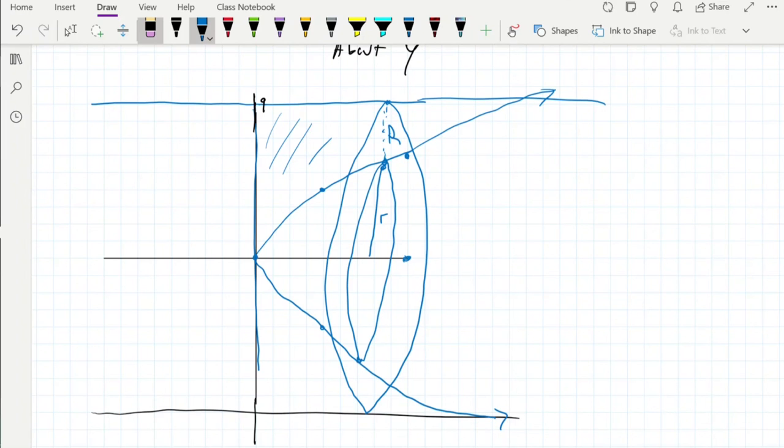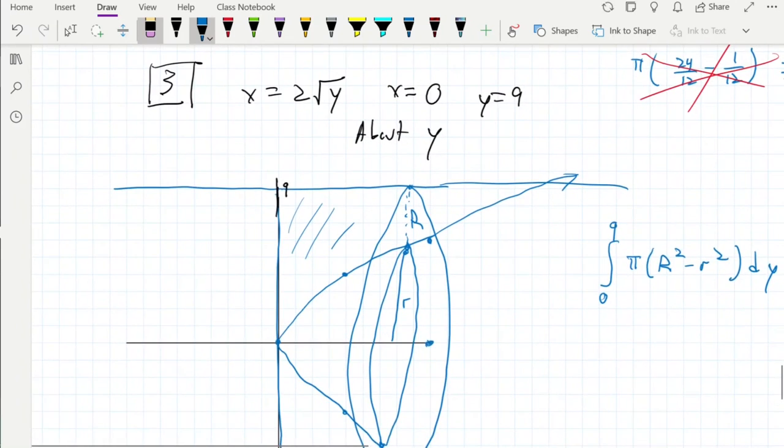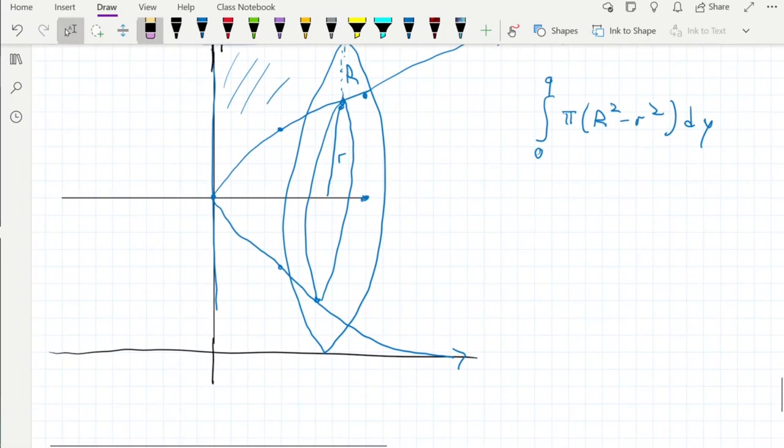So for this, in order to solve this, we're going to have to take the integral from 0 to 9 of pi, and then it's going to be big R squared minus little r squared times dy. Or actually, no, yeah, it should be dy.